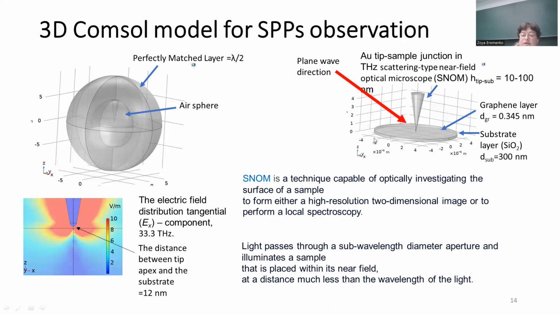In this picture, there is a design of such a model. And there is the electric field distribution at a definite frequency. This is the distance between the tip and the substrate.